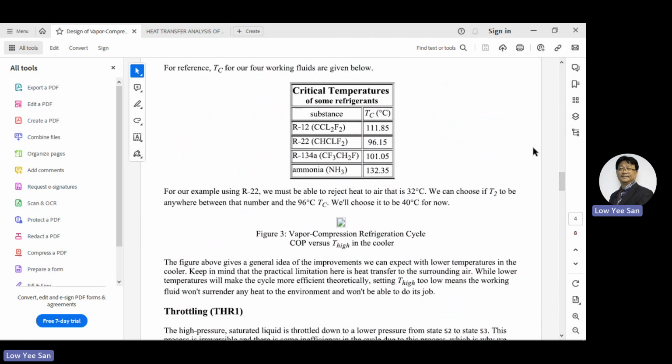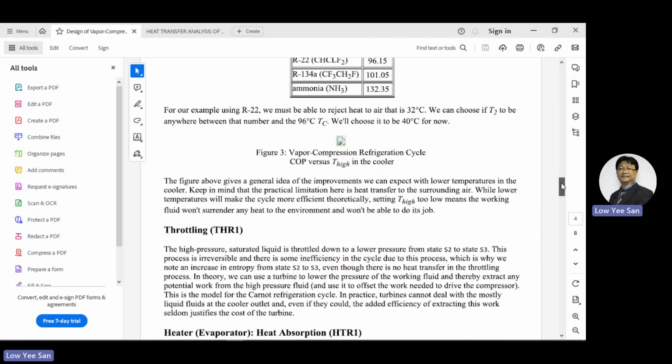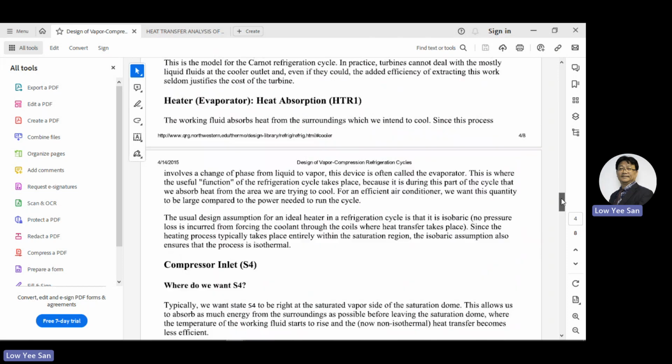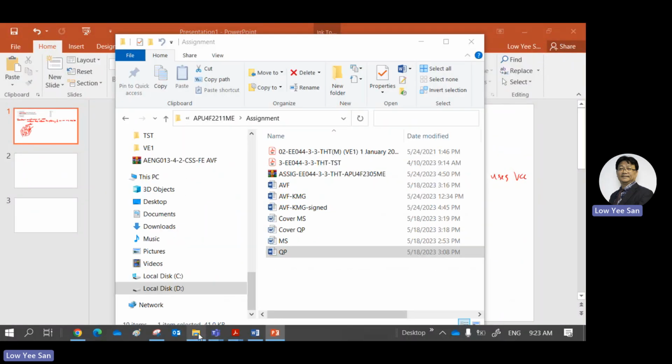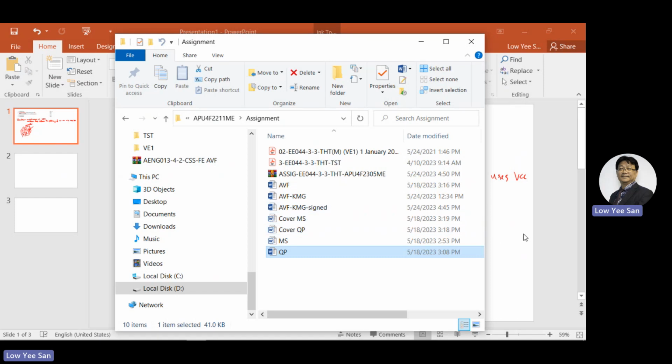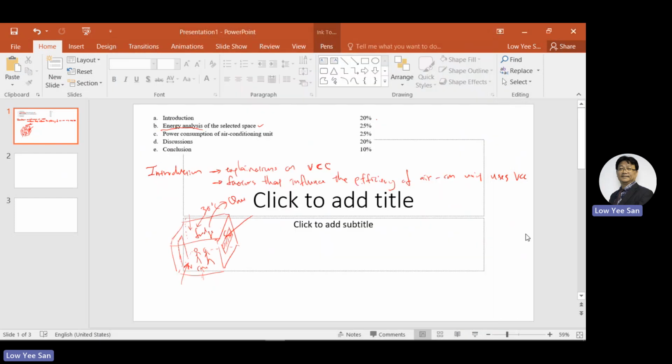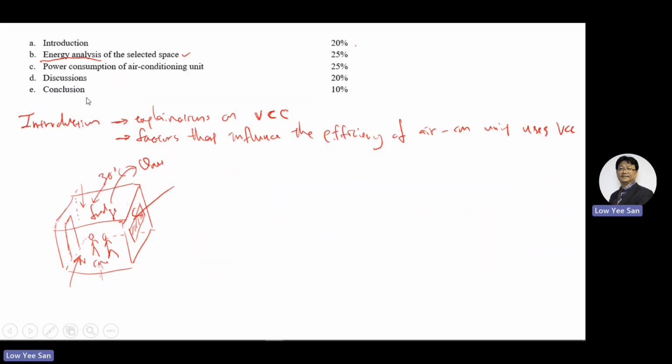You read through, you can get some idea on what assumptions you should make. But for the calculation part, you can check the two student samples. You check that one, then you should be able to do the calculation on VCC. So that one I leave it to you.